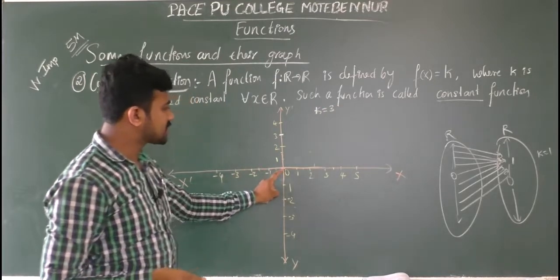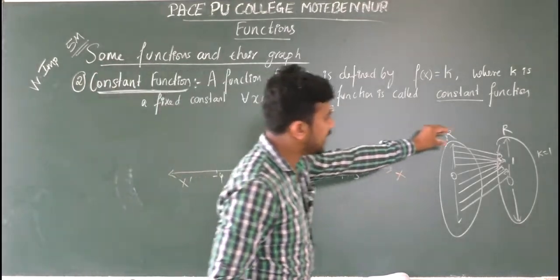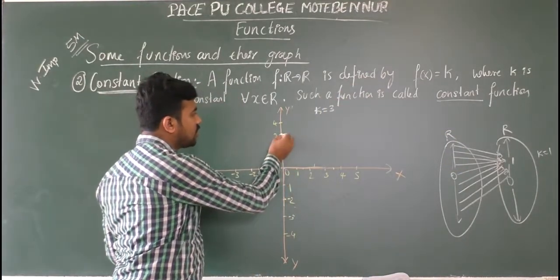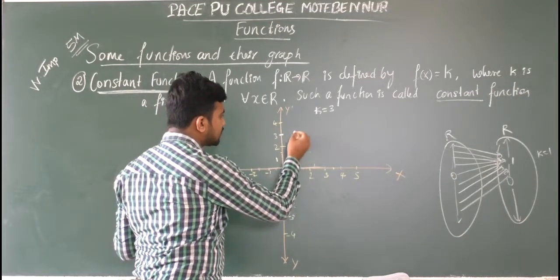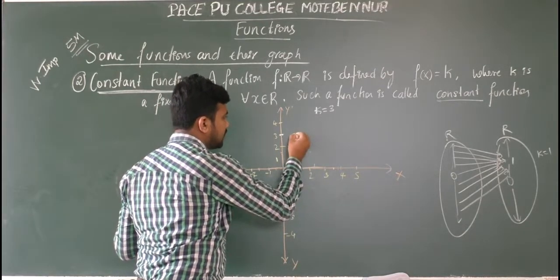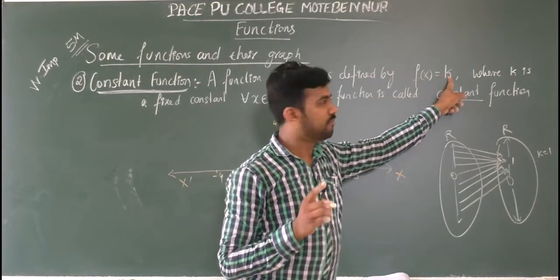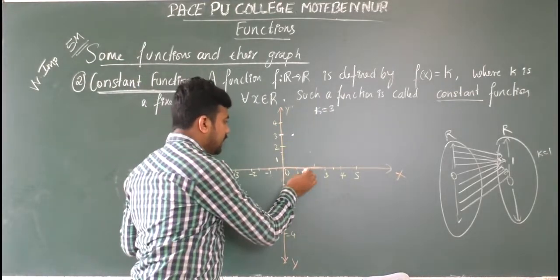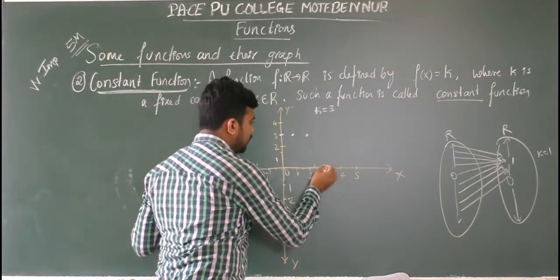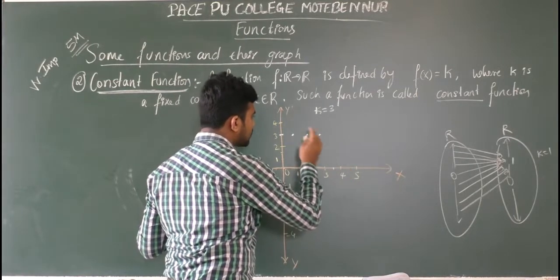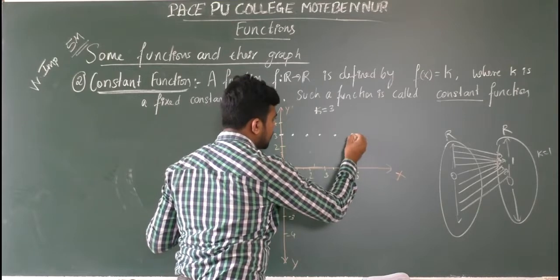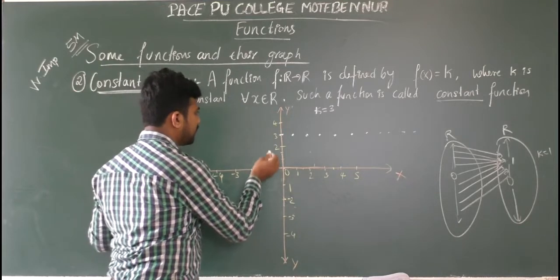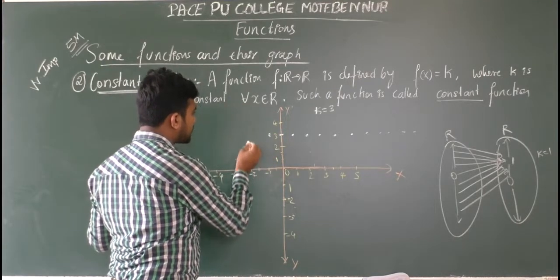If you consider 0, from where do I take it? I take the element from the domain. Okay, if you consider 0, what is the image of 0? 3. If you consider 1, what is the image of 1? 3. Okay, f of x is equal to k for all x belongs to R. For all elements the image is the same. f of 2 is what? 3. f of 3 is what? 3. f of 4 is 3. f of 5, 3. f of 6, 3 itself, it is continuing. f of minus 1 is 3. f of minus 2 is 3.